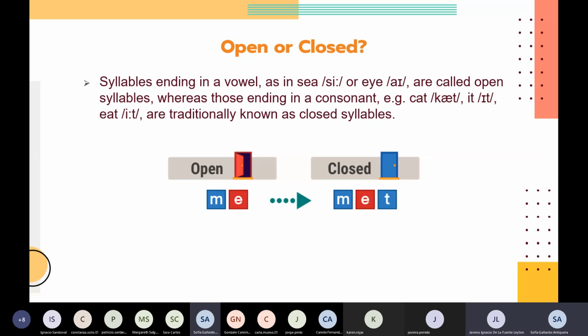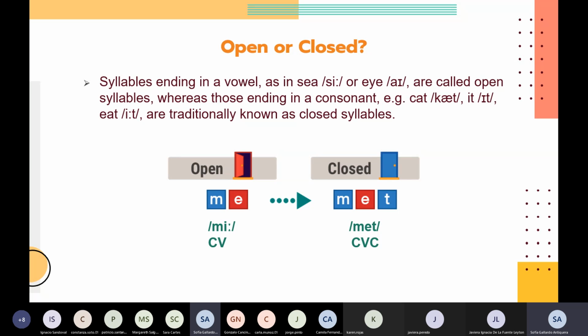Great, perfect. So, as Javiera just mentioned, open syllables are the ones that end with a vowel, and closed syllables are the ones that end with a consonant.